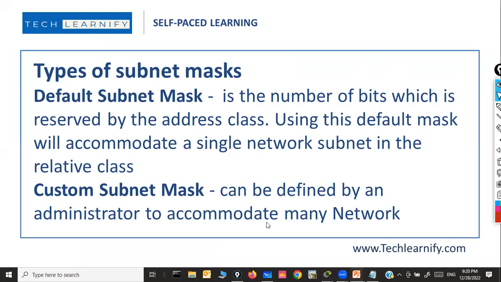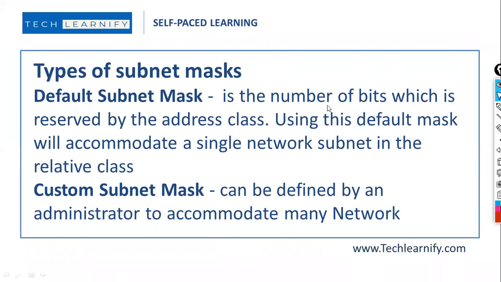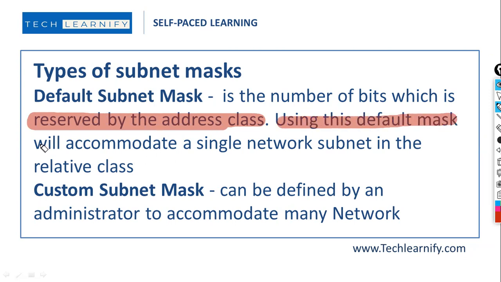Okay. So default subnet mask is the number of bits reserved by the address class. So default is as per the class. Using this default mask will accommodate a single network subnet in the relative class. If we want to go with the class rule, then definitely we would use the default subnet mask.